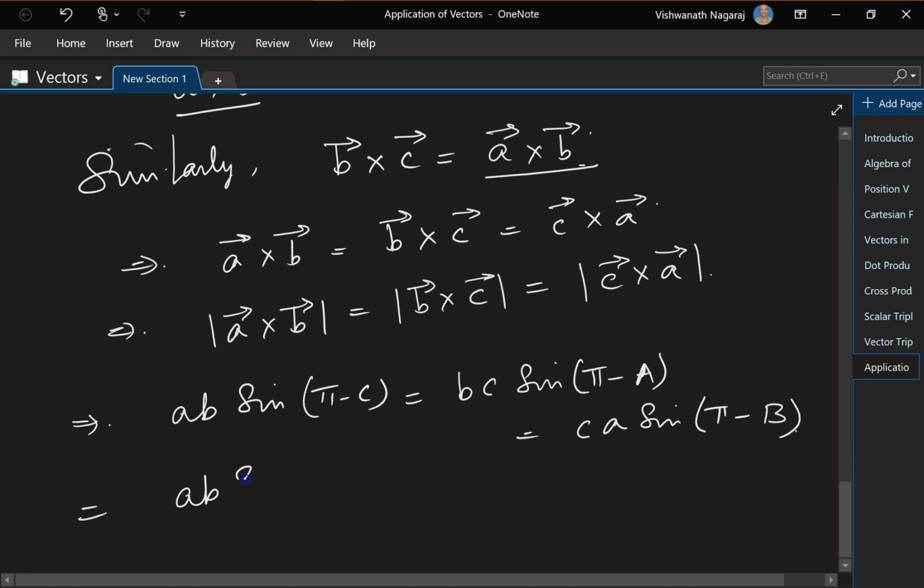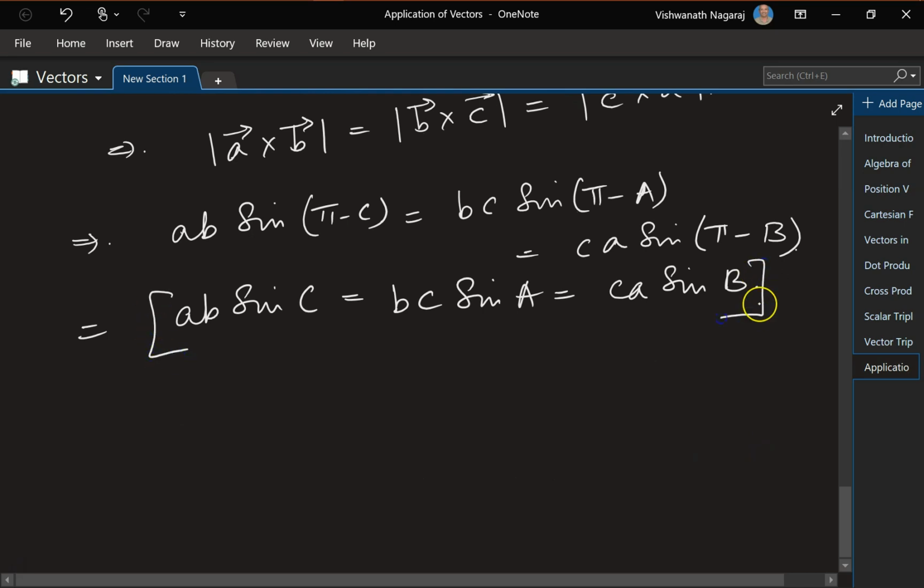So we can write it as AB sin C is equal to BC sin A is equal to CA sin B.